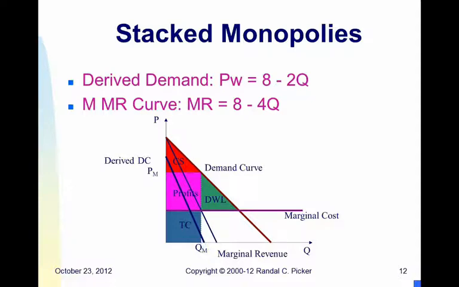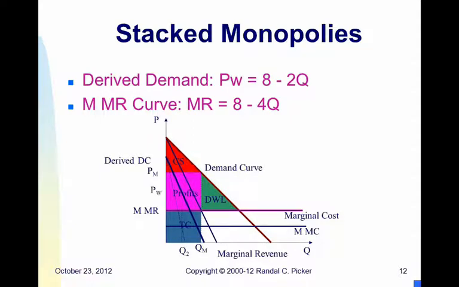And then from that we derived the marginal revenue curve faced by the manufacturer. Given that marginal revenue curve and the marginal cost curve of the manufacturer, the manufacturer is going to set a quantity. That's what we just did algebraically, but now we're doing it graphically, at the intersection of marginal revenue for the manufacturer and marginal cost for the manufacturer, and that's right there.